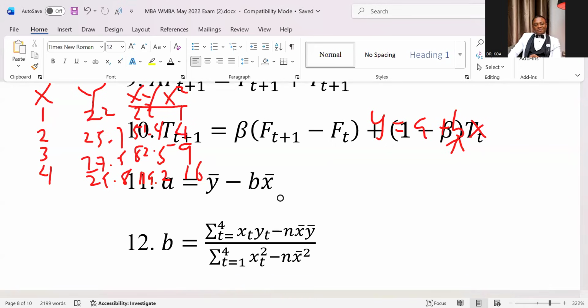So with this, all you got to do is to find the B, and the B is the formula down here. Okay. So you just have to take the summation of each of these. You sum each one of them, because each one of them will have to be summed to be able to get to some other part. So let's take the first one. X, when you sum them, what do you get?